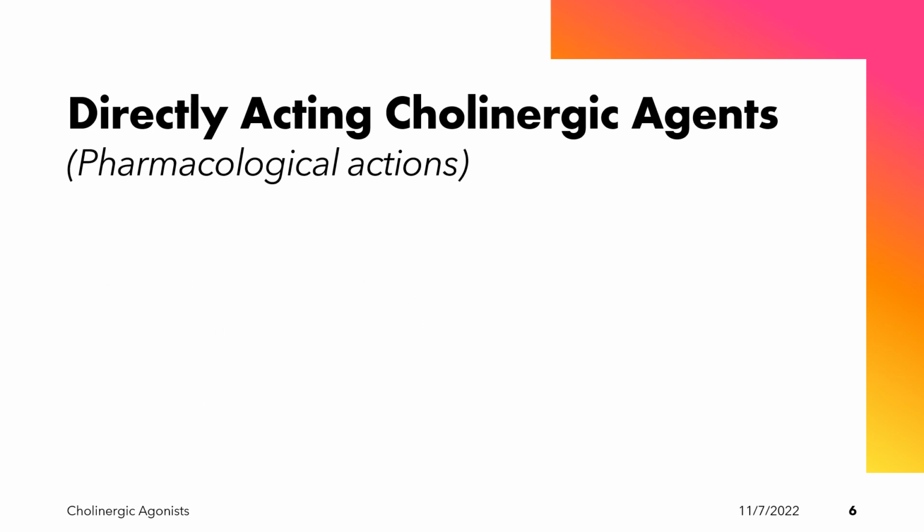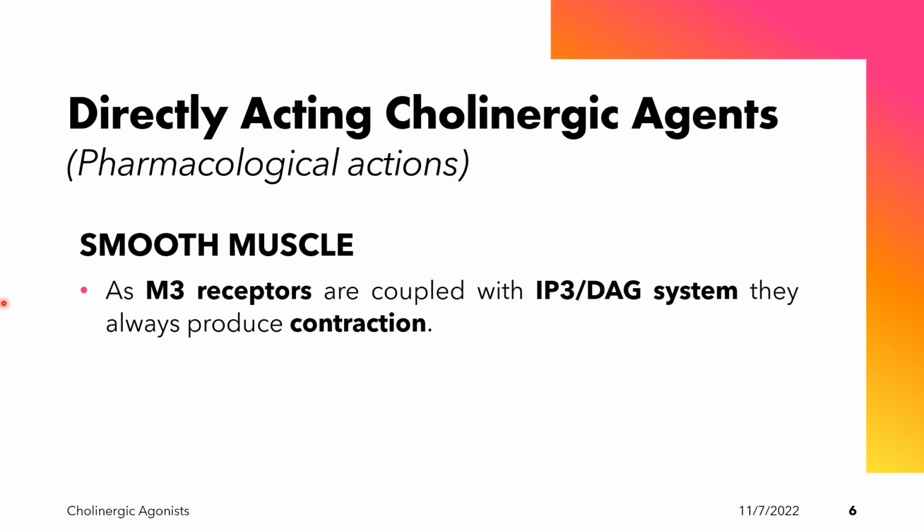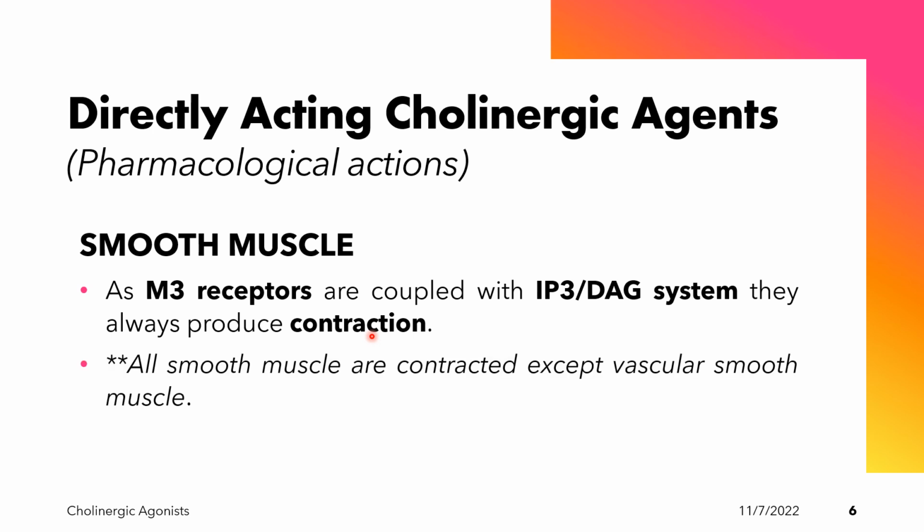Proceed to the smooth muscles. We can easily remember that all the actions on the smooth muscles are mediated through the M3 receptors. As M3 receptors are coupled with the IP3/DAG system, they always produce contraction. It is also important to remember that all smooth muscles are contracted by the direct-acting cholinergic agonists, except for the vascular smooth muscle.